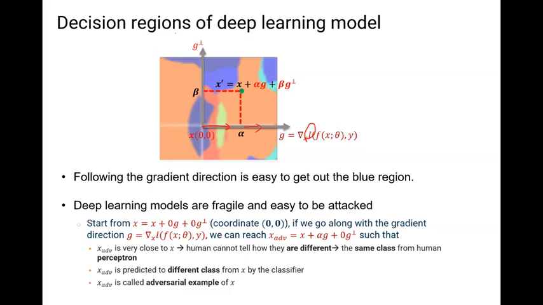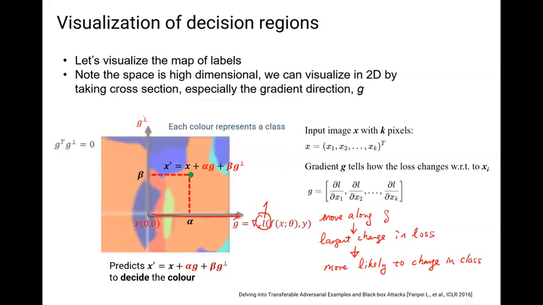And you may ask some details about how this is plotted, if you are interested. It doesn't matter, it's just some directions that are orthogonal to the gradient directions. Because it's a high dimensional space, you can find any vector, any directions that are orthogonal to the gradient, and take a cross section of that to find the label map like this one.